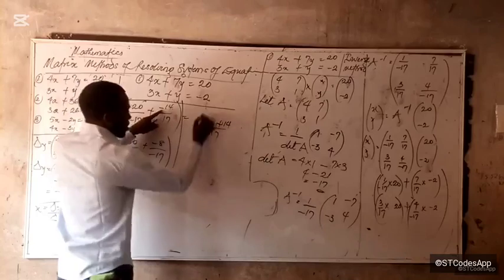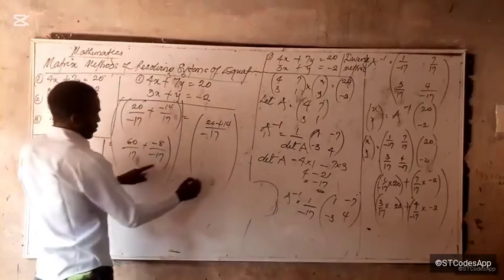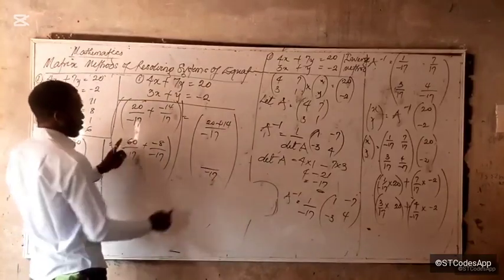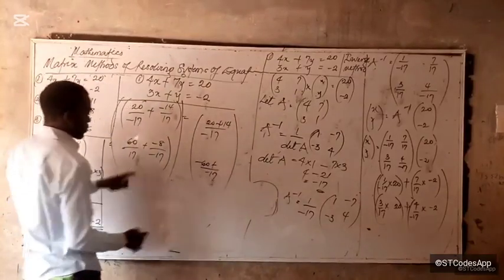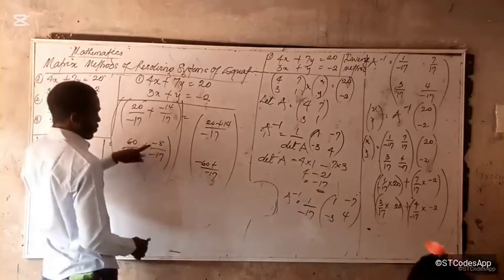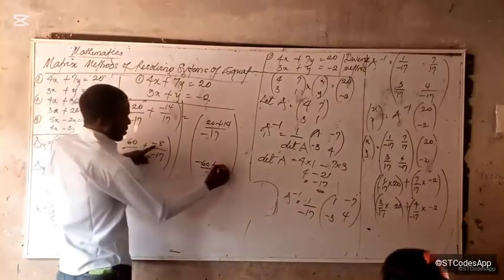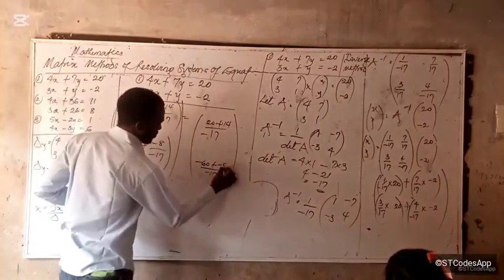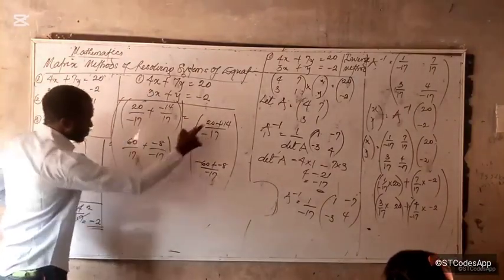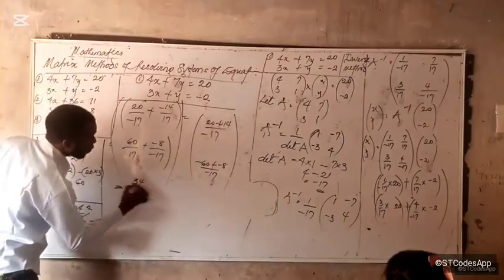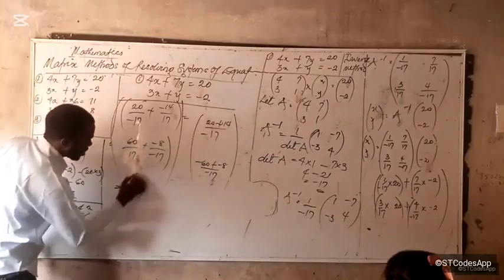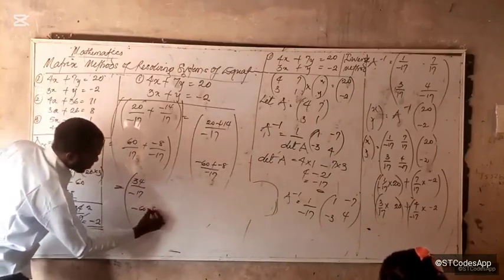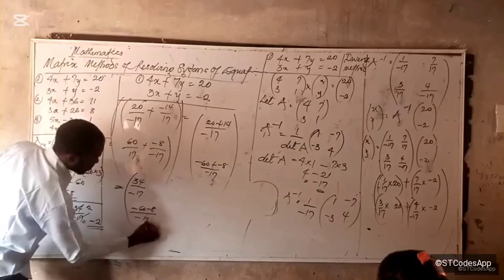Is that okay? Here, LCM is also minus 17, minus 1 by 60, minus 60, plus 7 minus 17. So here we'll have 20 plus 14, 34 over minus 17. And here we'll have minus 60 minus 8 over minus 17.